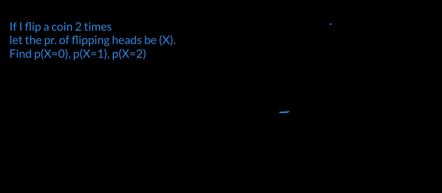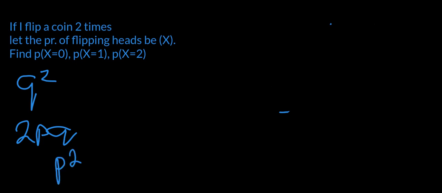From what we did earlier, the probability of getting zero heads was q square, one head was 2pq, and two heads was p square. We can test if the sum of all these is one.